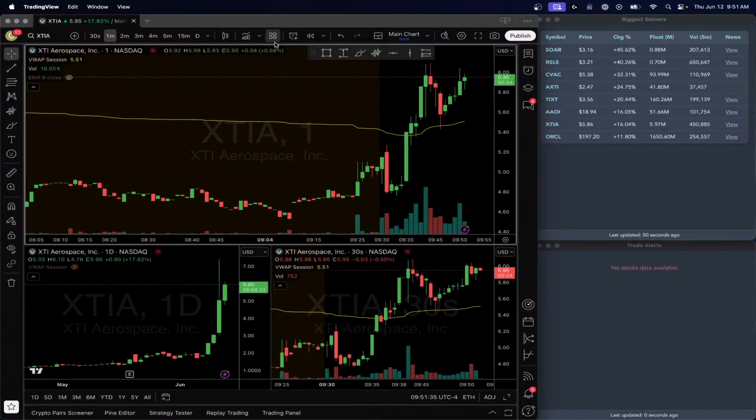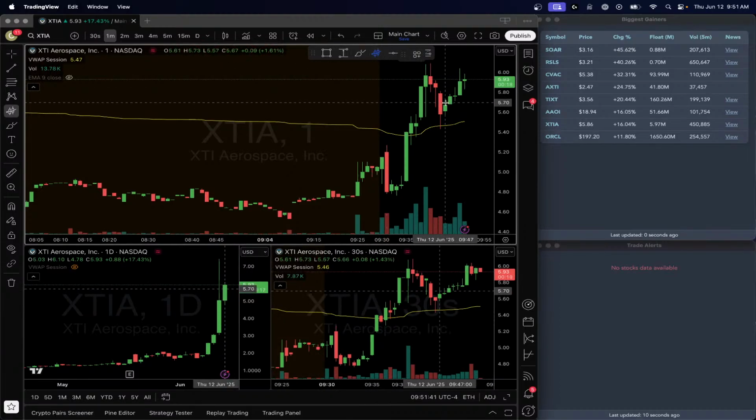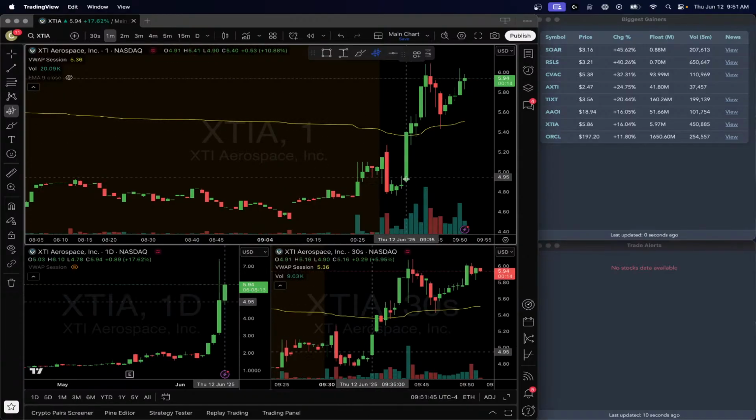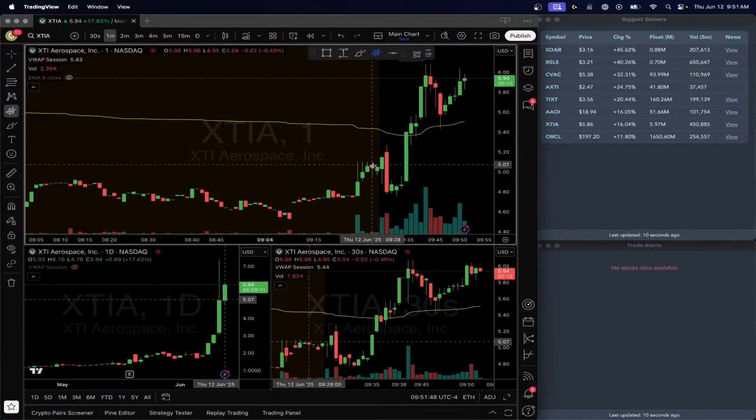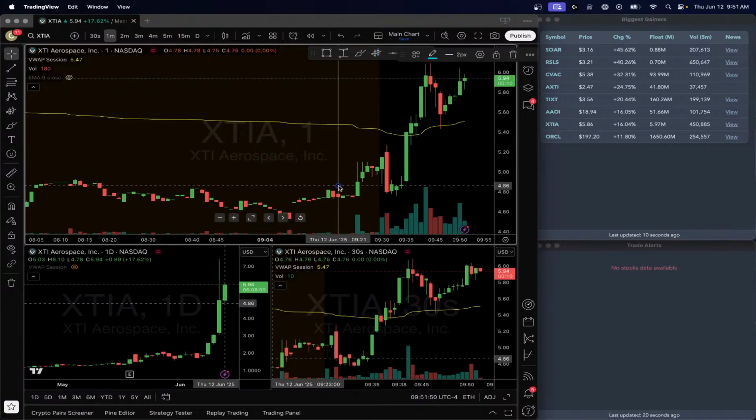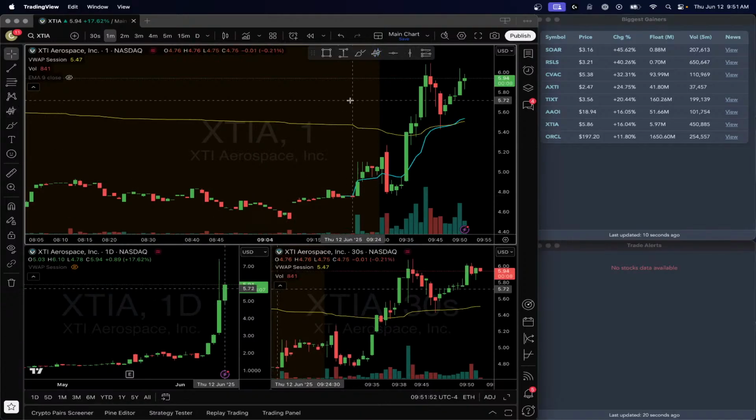Let's see what I wrote the code for that. This was the pullback on this, so let's go 1, 2, 3, 4, 5, 6. Yeah, I don't know why that didn't show up on the trade alerts.